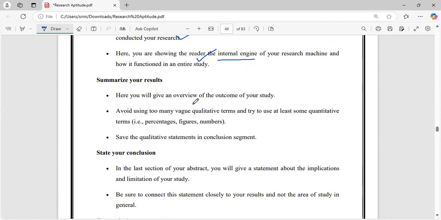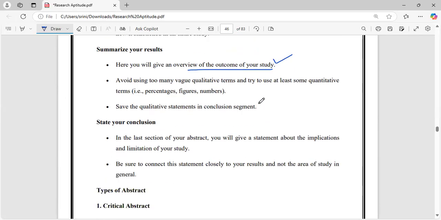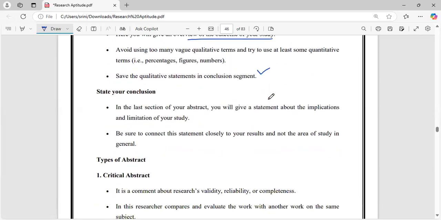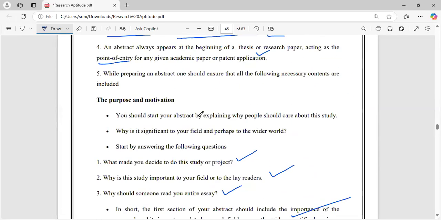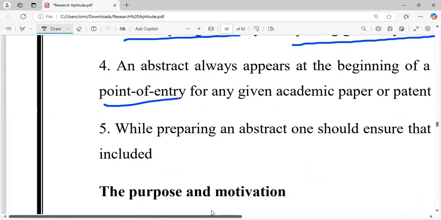Summarize your results, an overview of the outcome of the study. Avoid using many vague qualitative terms and try to use at least some quantitative terms. Save the qualitative statements for the conclusion segment. State your conclusion.